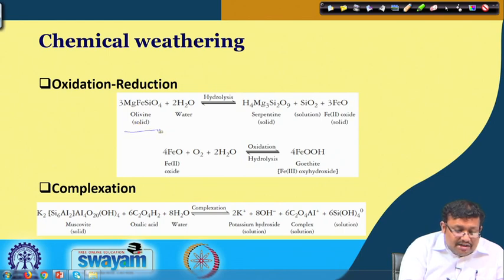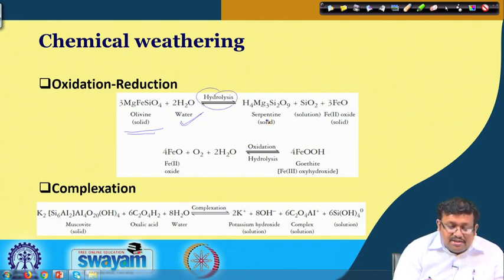Here it is olivine, which is a primary mineral. When olivine is reacting with water, due to the hydrolysis process, it is forming another mineral called serpentine, and apart from serpentine there is also some silica in solution and ferrous oxides, which are solid in nature.